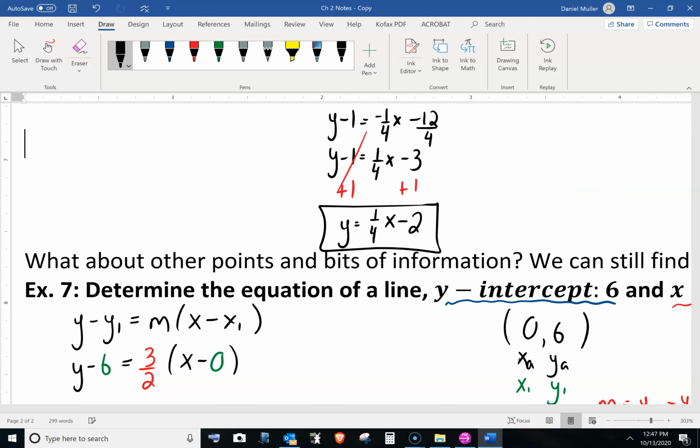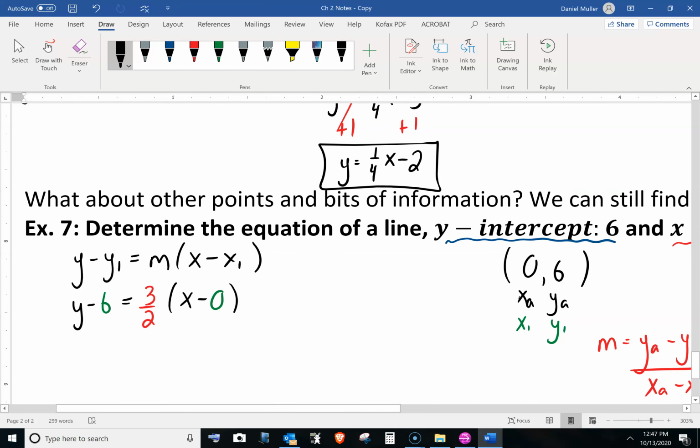This is the best one to choose because if we had chosen the other one, this would be 0 and this would be -4, and you've got to multiply 3 over 2 times -4, which is kind of annoying because then it's got to be a 4 over 1. 3 times 4 is 12, 2 times 1 is 2, 12 over 2 is 6. But the fact that it's a 0, when I multiply this in, 3 over 2 times the 0 is just 0. So that's kind of nice.